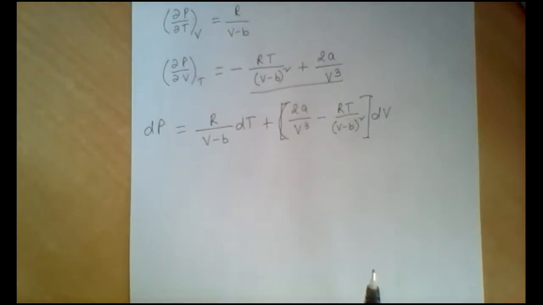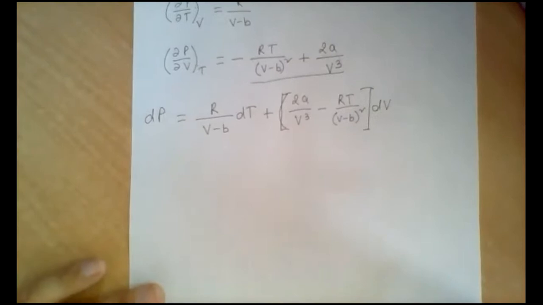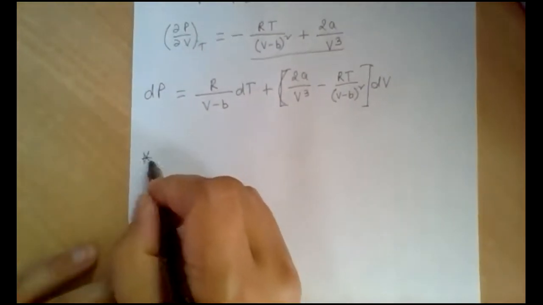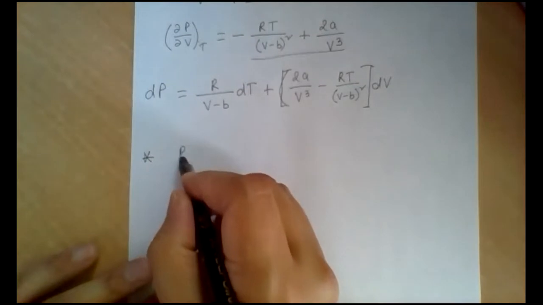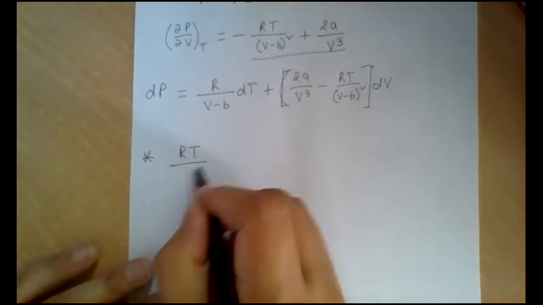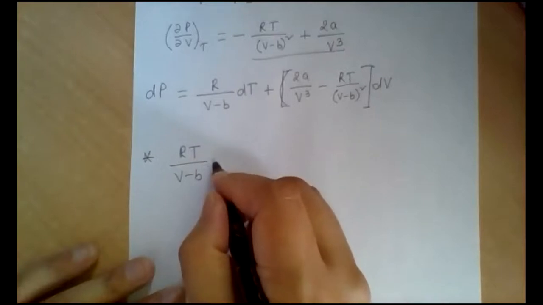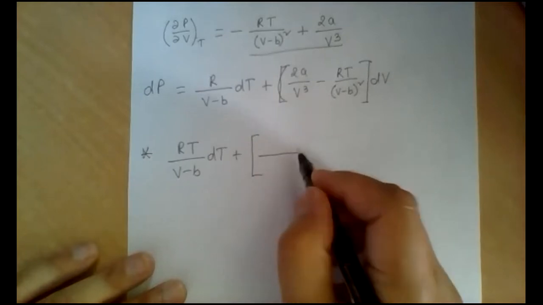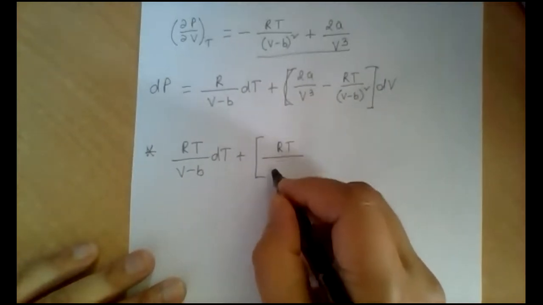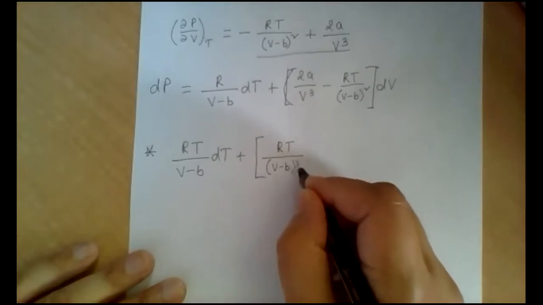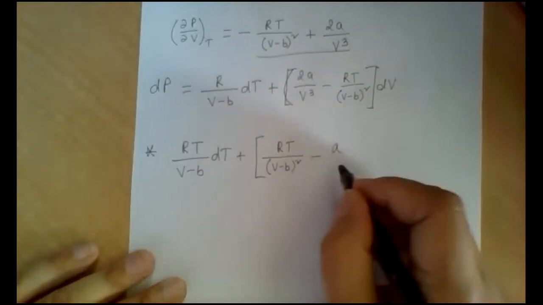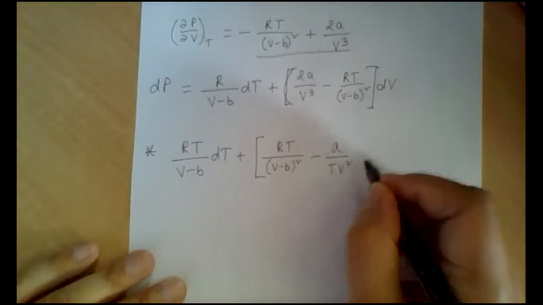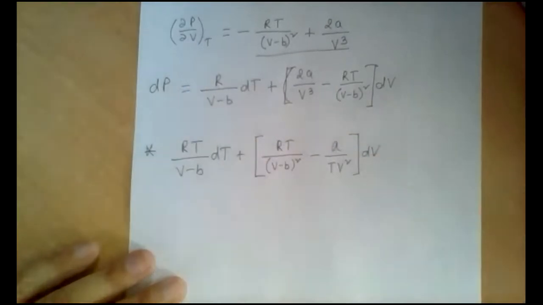Next, let us look at another example. Suppose we are given some arbitrary expression, for example this expression: RT by V minus B dT plus RT by V minus B whole square minus A by V square dV.